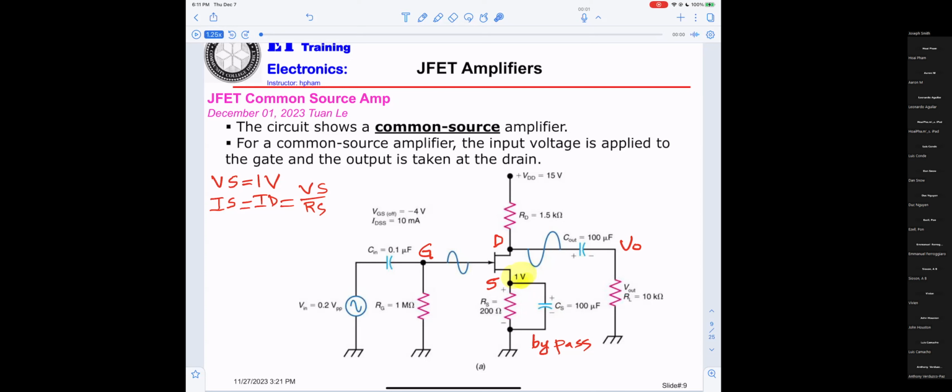And if you're looking at the input into the amplifier, the input impedance will be 1 megaohm. And when you're looking at the output impedance this way, V out, who can tell me equals what?